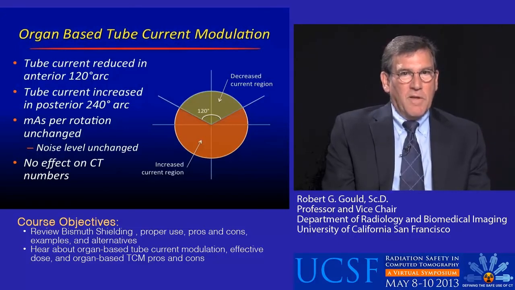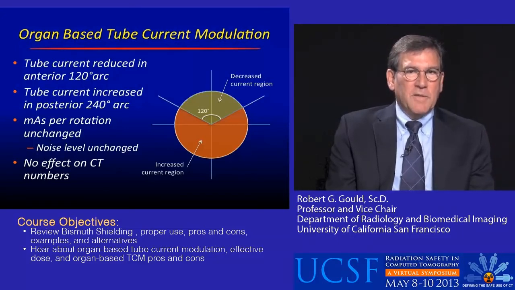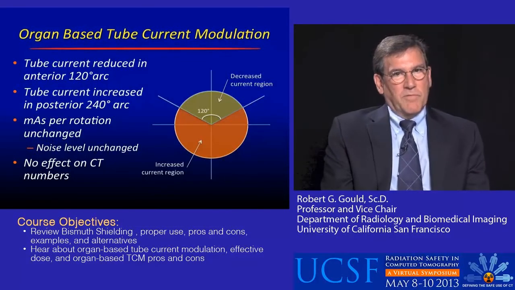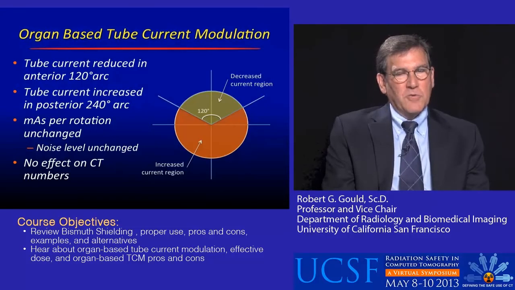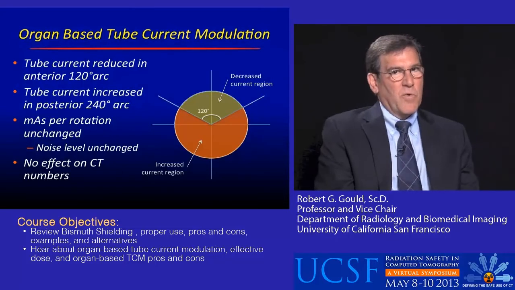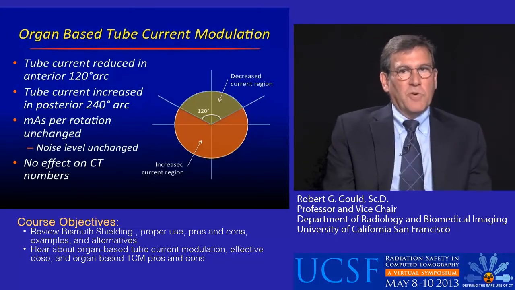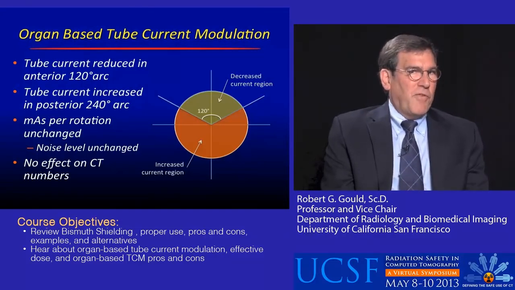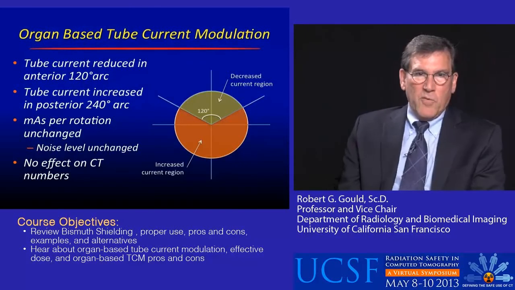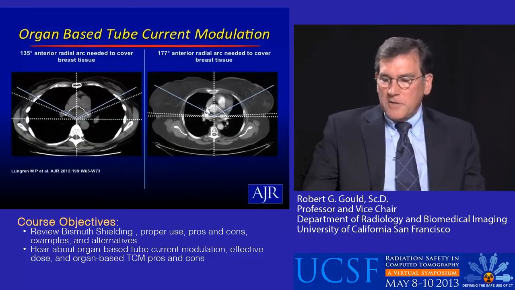But if you look at the right side, you see that a significant fraction of the breast would, in fact, be subject to even higher dose, because remember that lower 240 degrees, the output of the tube is being increased. So it's very inflexible and would only work on a subpopulation of patients.